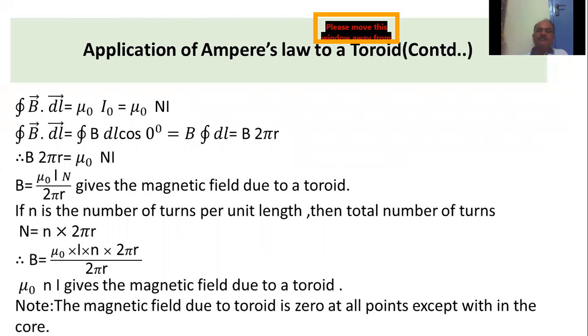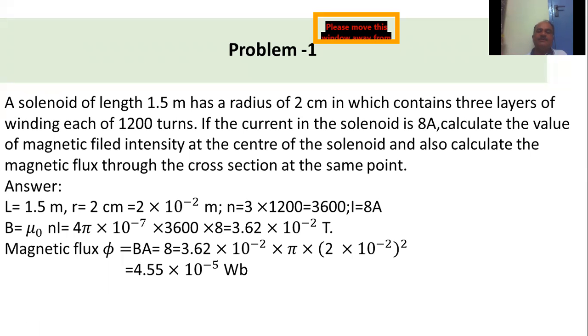So it's all about the toroid. Next, we will move to some problems. A solenoid of length 1.5 meter has a radius of 2 centimeter, and contains three layers of windings, each of 1200 turns. If the current in the solenoid is 8 ampere, calculate the value of the magnetic field intensity at the center of the solenoid and also calculate the magnetic flux through the cross section at the same point.